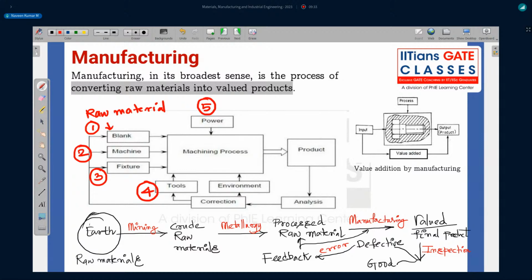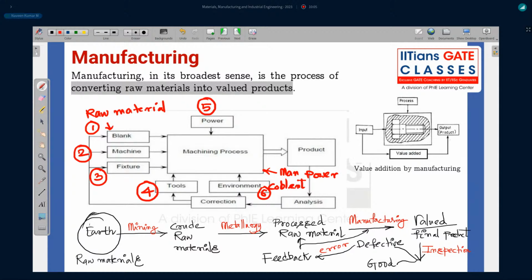What is a specific environment? I can think of, for example, providing some coolant in machining operations. Coolant can be one of the environments. That is number 6, let's say. And another very important thing that we're missing here is manpower.